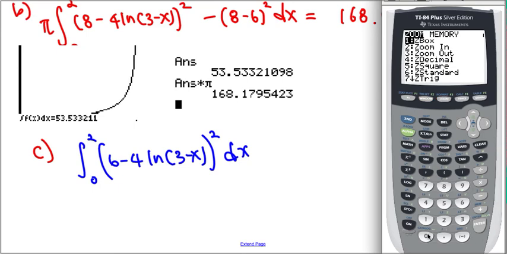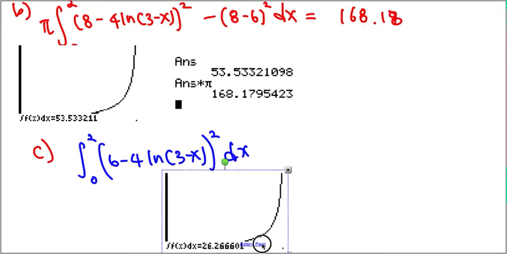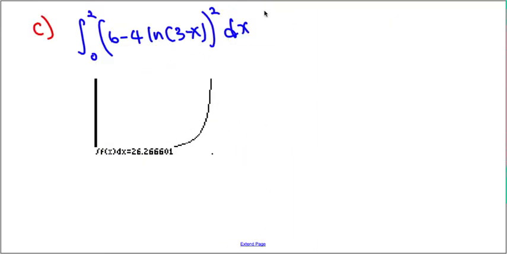Once again, zoom fit. And we're going to simply integrate. Number 7. Lower limit is 0. Upper limit is 2. Alright. Then our answer is 26.267. That becomes our final answer.